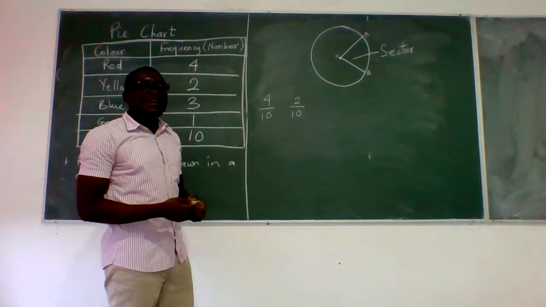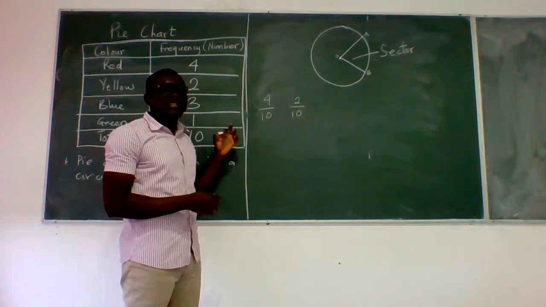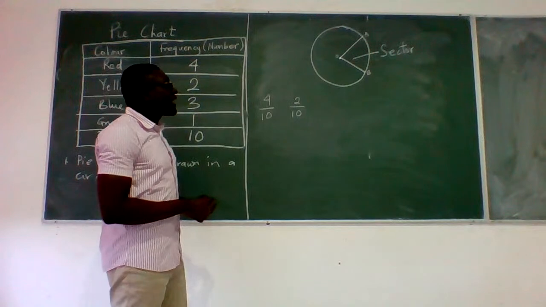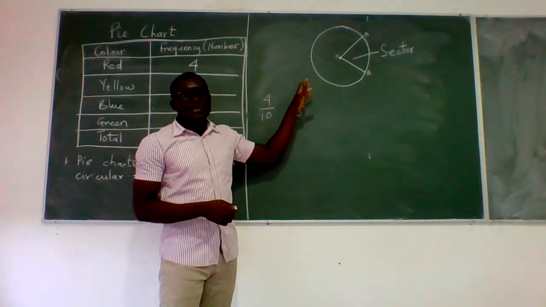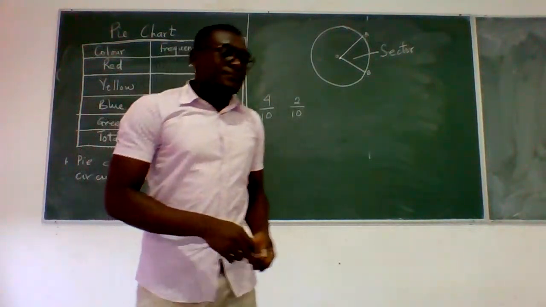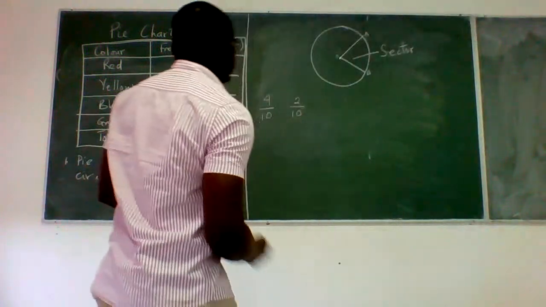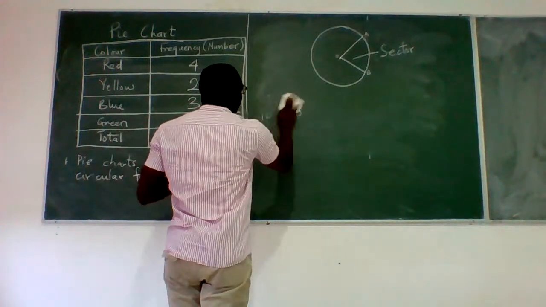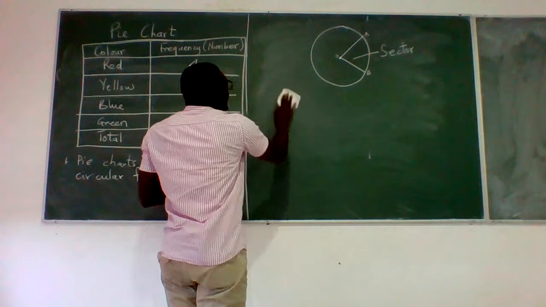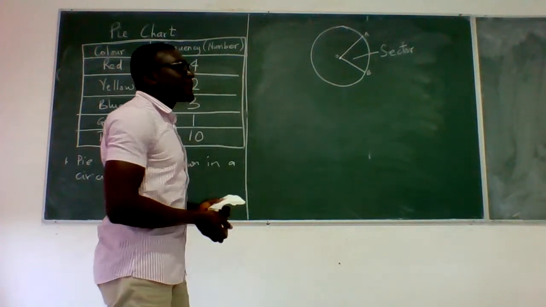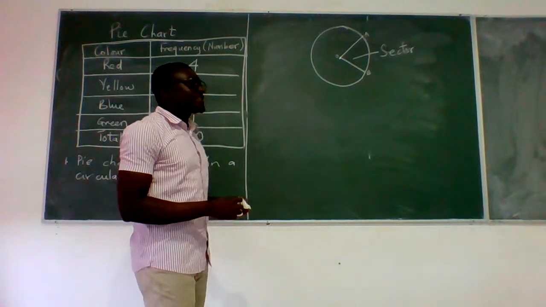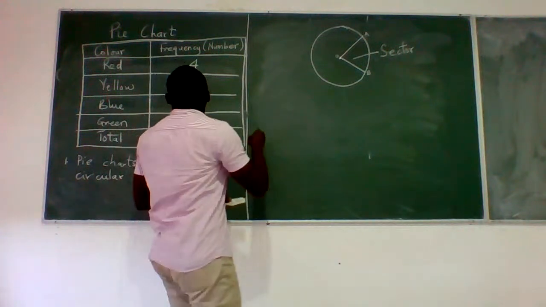And that idea of bringing the same denominator is what makes the fractions come in. So I'm going to rewrite this information here by including the fraction part and then the sectors that they are going to occupy.